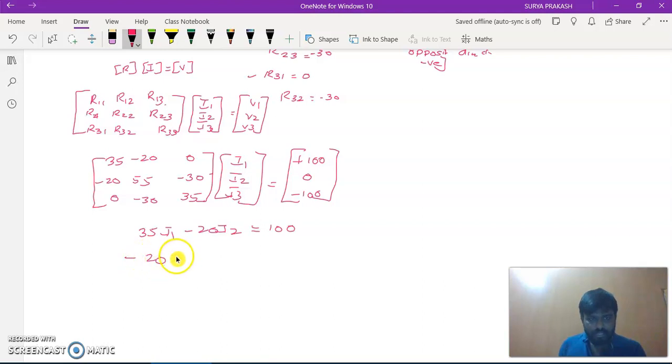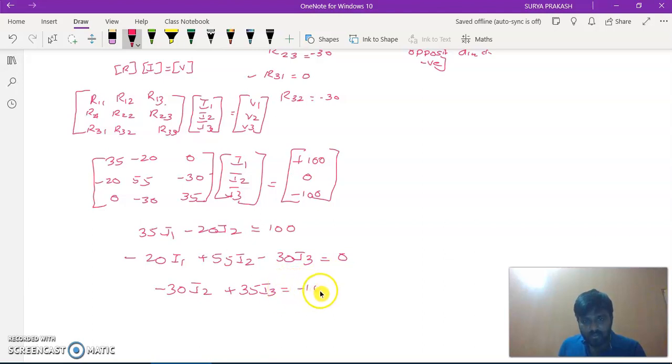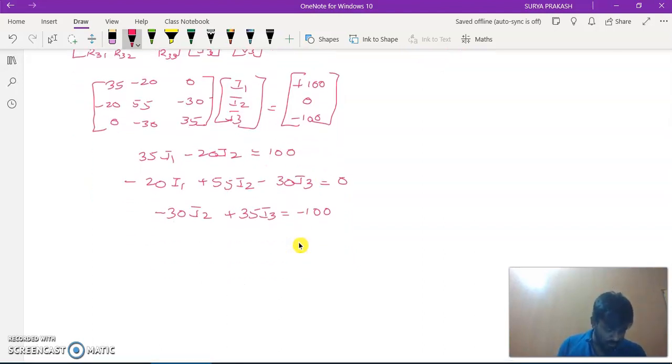Then minus 20 I1 plus 55 I2 minus 30 I3 is equal to 0. Then minus 30 I2 plus 35 I3 is equal to minus 100. These are the three different loop equations.